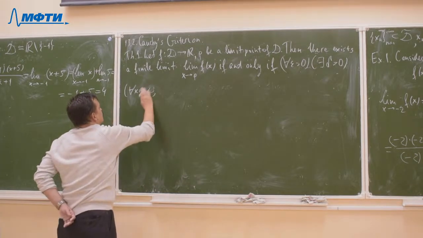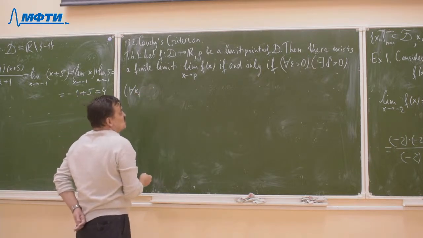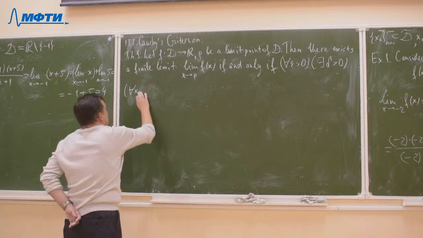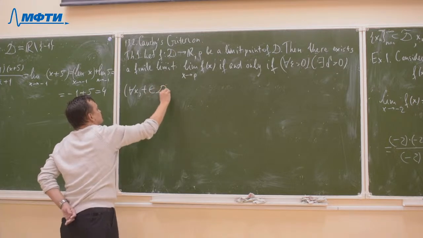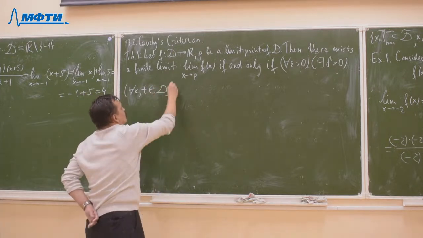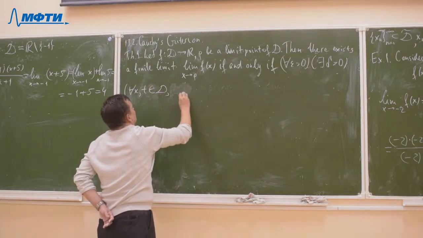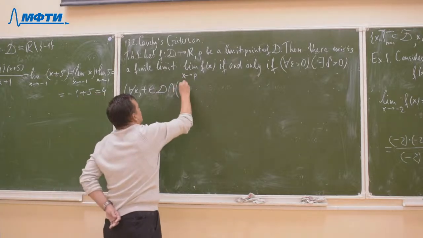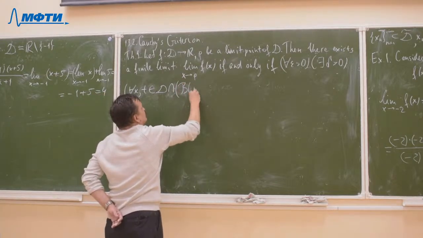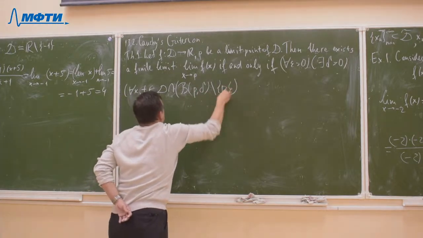maybe let me write x and t in D, both in D intersect, let me write it not by inequalities, B of p delta minus p, like that.